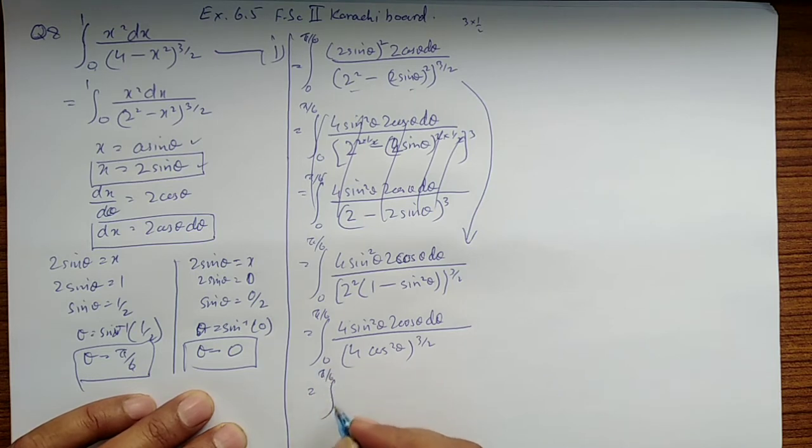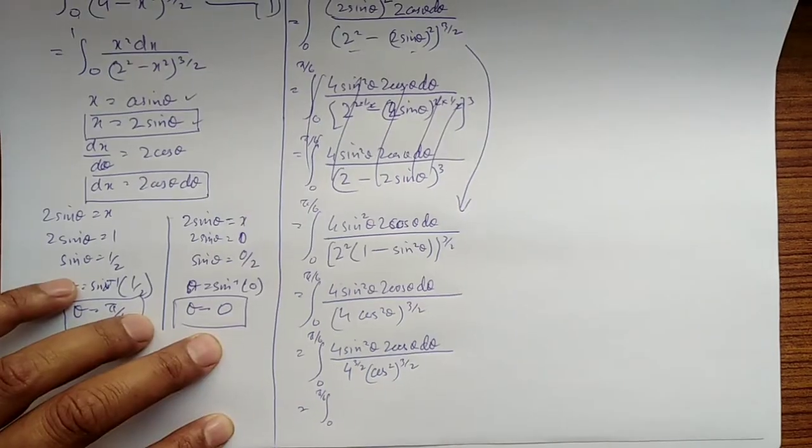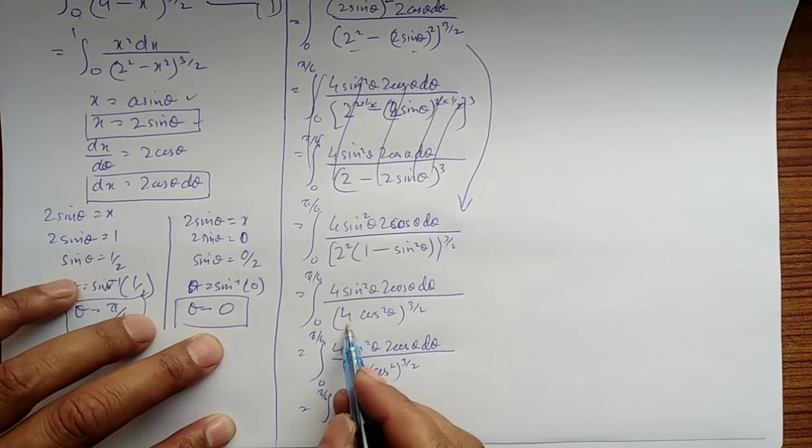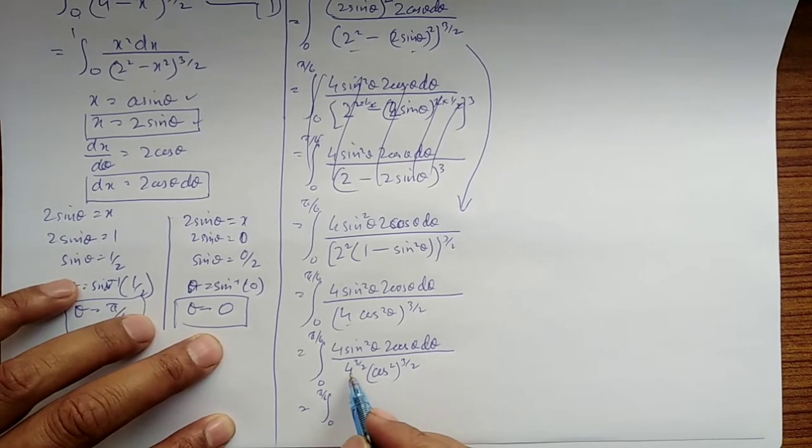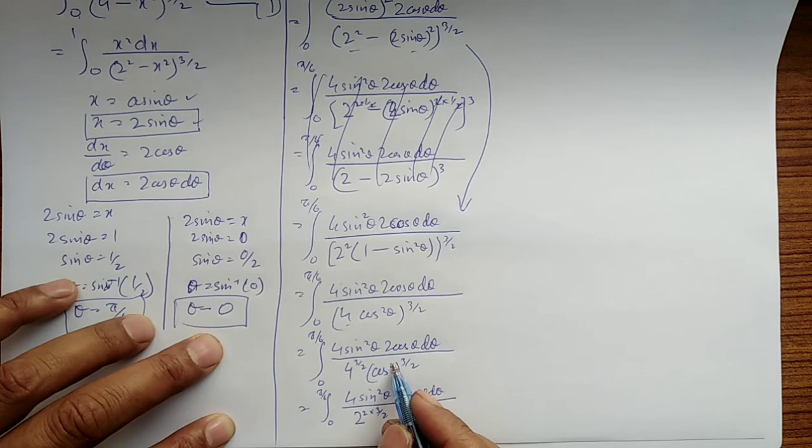Further, I apply 3 upon 2 inside on 4 and cos square theta, so that gives 4 sine square theta 2 cos theta d theta, whole divided by, if I make this 4 as 2 square multiplied by 3 upon 2, this 2 and 2 will cancel out and I am left with cos cube of theta, right?